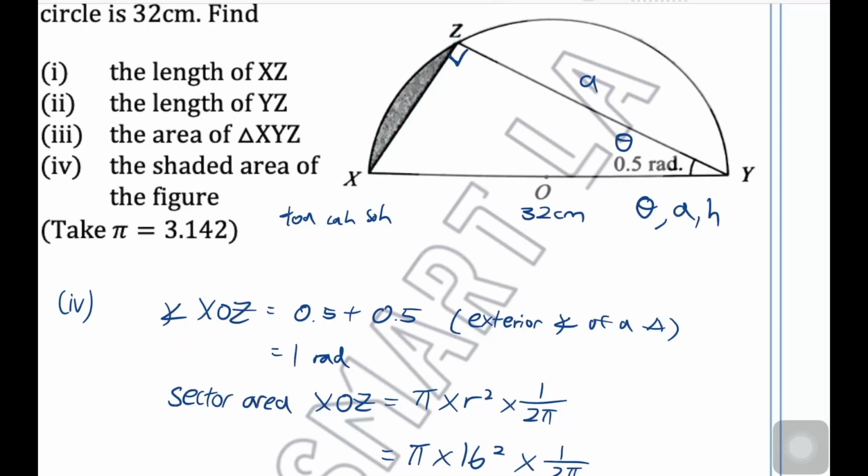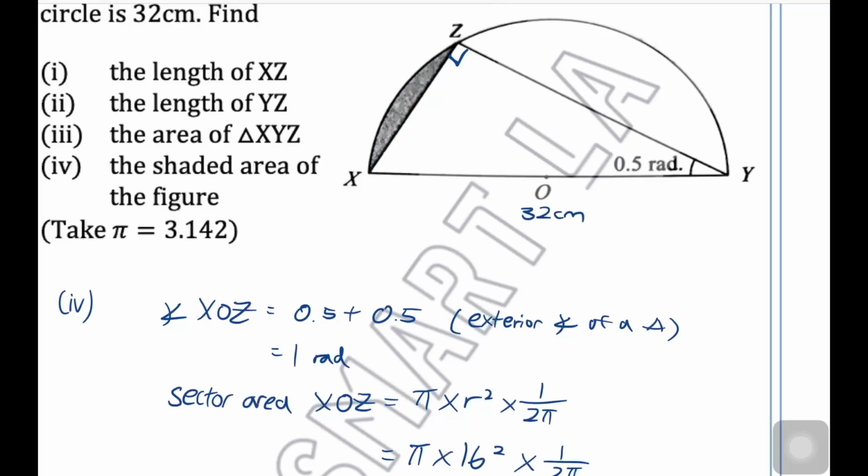So that is actually going to be referring to this region here, this shaded region. So to find this shaded region, I want to point out one thing first. This is an important point.